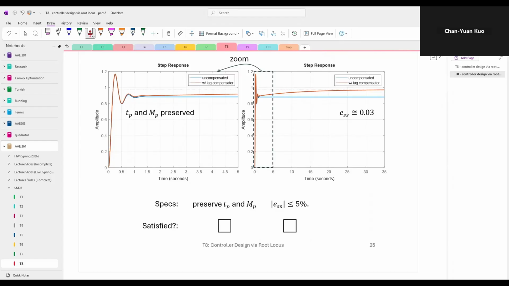And when we zoom in on a shorter interval, we can see that the peak time and the maximum overshoot are almost identical to those of the uncompensated system. And since both of the specifications are met, we can conclude that the lag compensator design is successful.